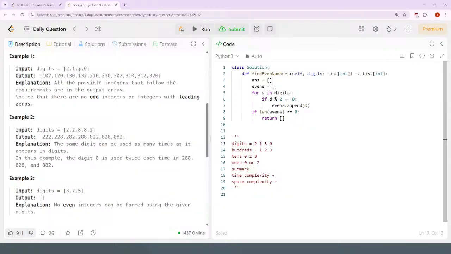Start with even numbers. So hundreds is like 0, 2. And then if it's 0, then it's like 1, 2, 3. And then it's whatever's remaining. 2 or 3.